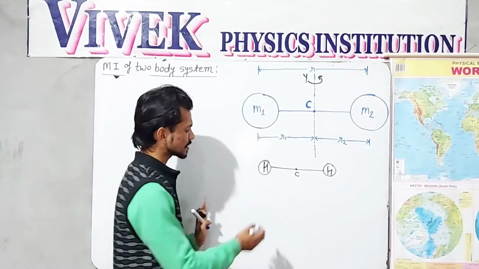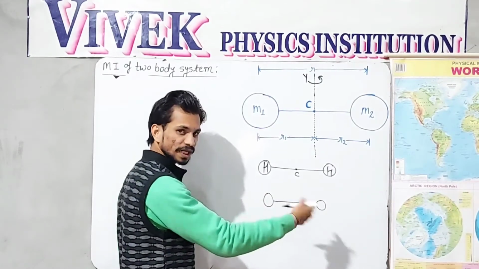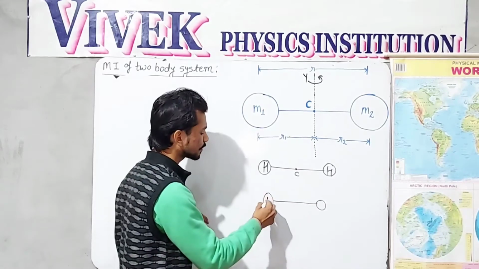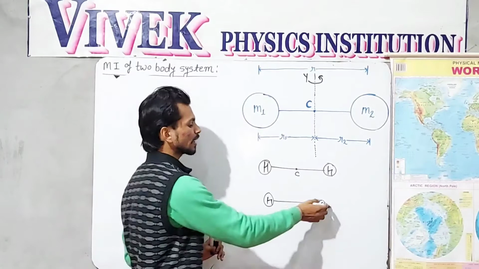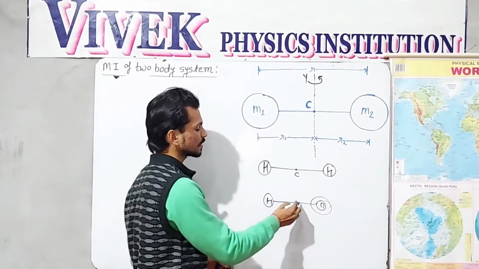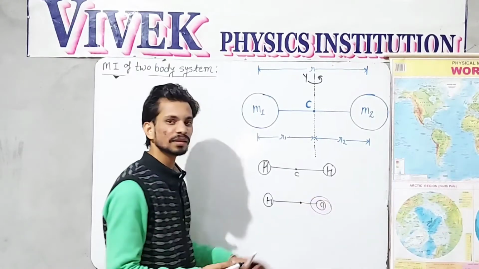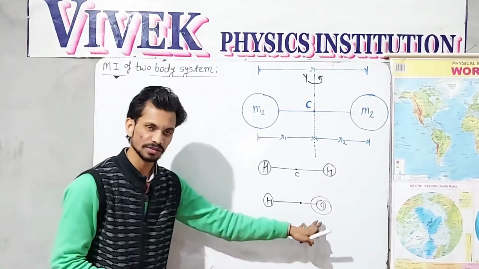But what about molecules in which both the atoms are not the same? For example, HCl. In that case, Cl will have greater mass in comparison to hydrogen. So the center of mass will lie nearer to Cl in comparison to H. That will not lie at the midpoint of this system.